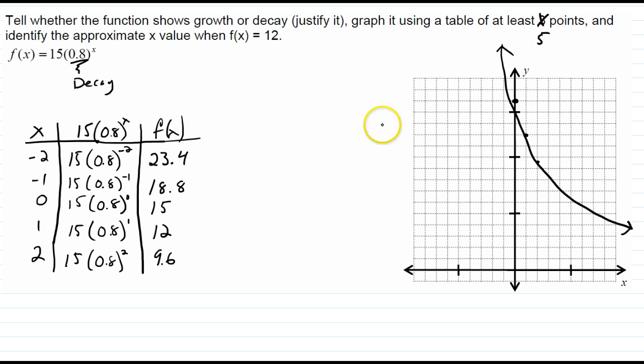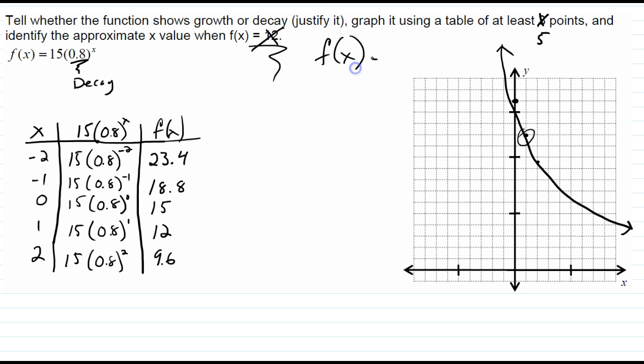All right, so we want to figure out when it's 12, and it looks like when x is 1, our value is 12. That's kind of a boring one. Let's not worry about 12. Worked out too perfect. I don't want perfect.